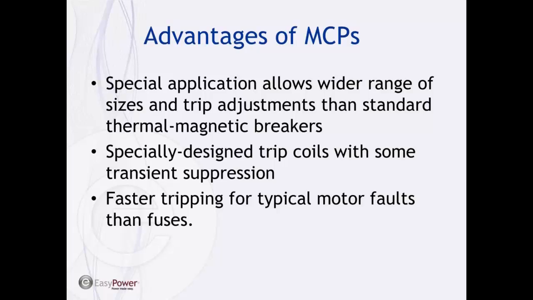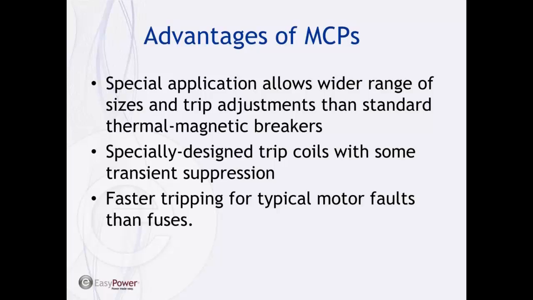So in terms of comparison with fuses for motor protection, if you look at typical motor faults, they're usually not a solid bolted fault. There's some fault impedance in there which kind of limits the fault current. And so a fuse will tend to be slower than the MCP for most of the typical motor faults that occur internal to motors.